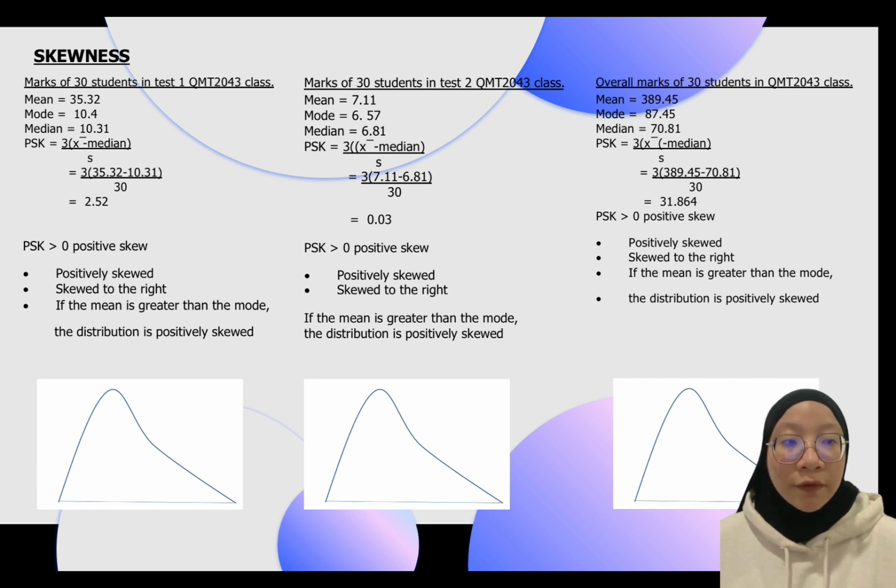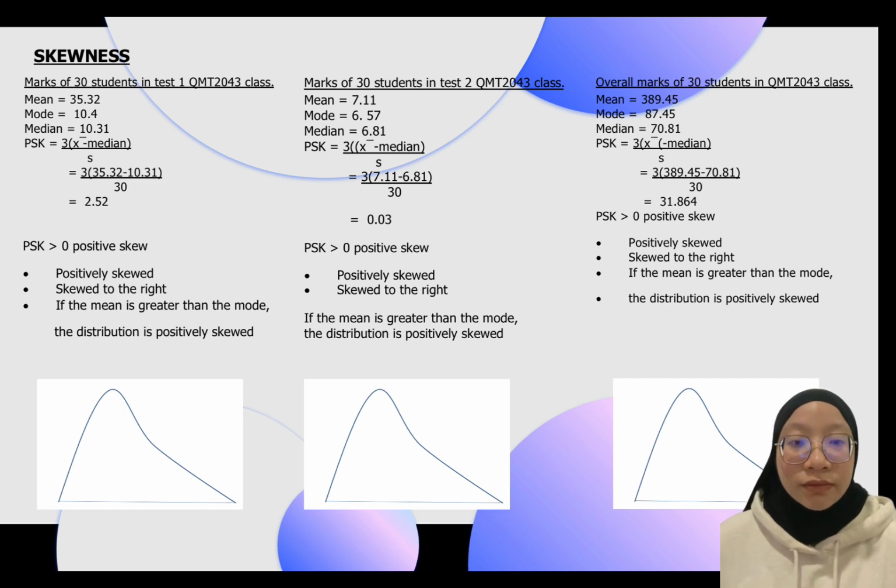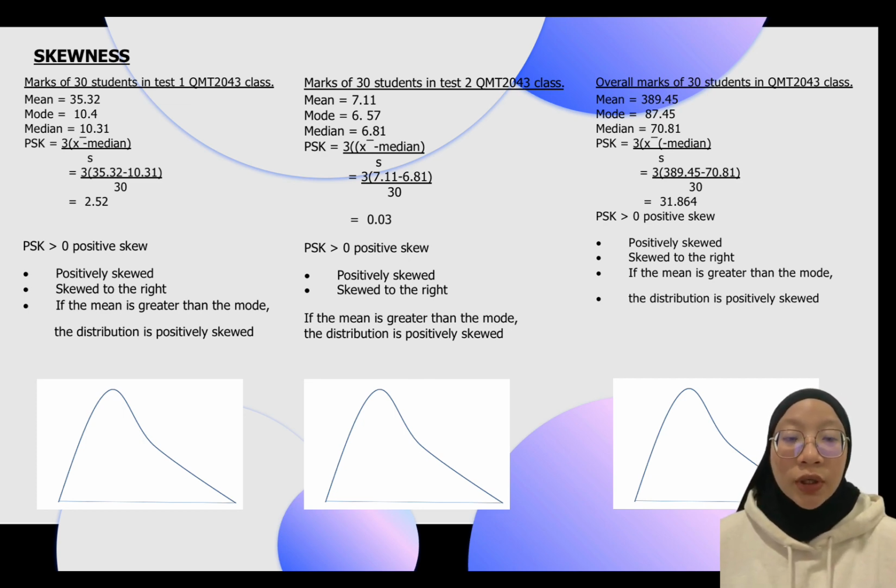To determine the shape of the graph, we use the formula that has been given. The formula is PSK equals 3 times the bracket of mean minus median, divided by the standard deviation S. So we calculate 3 multiplied by 35.32 minus 10.31, per 30.